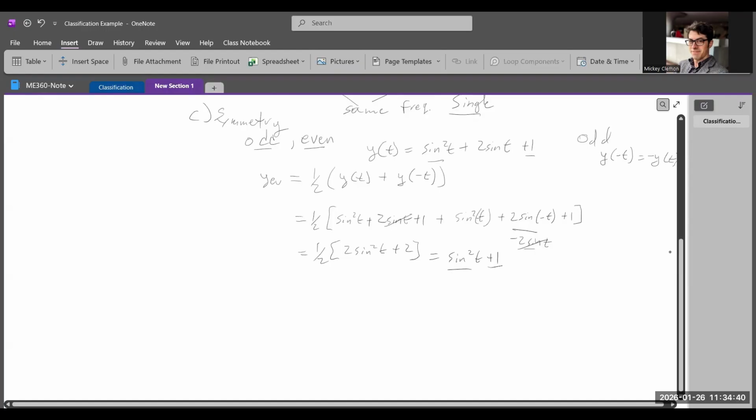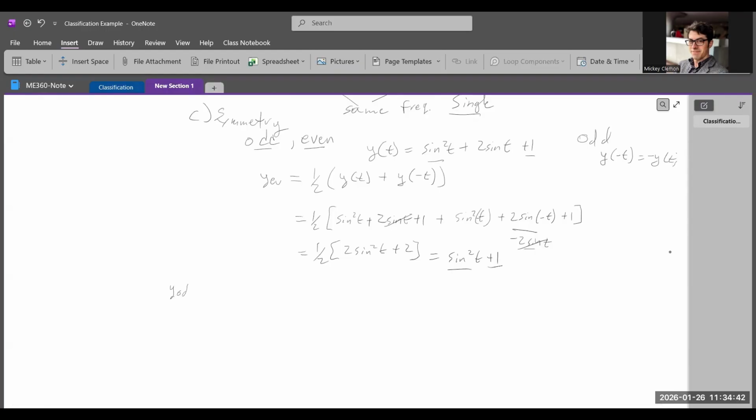And y odd, we can do y odd also. Y odd is 1/2 of y of t minus y of minus t, right?